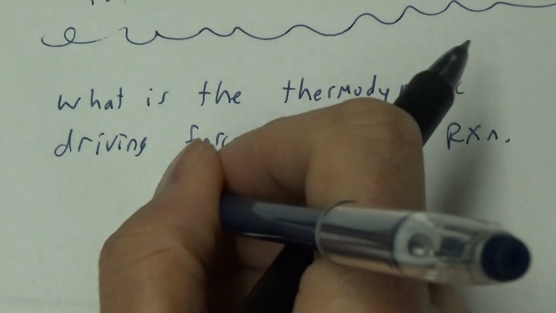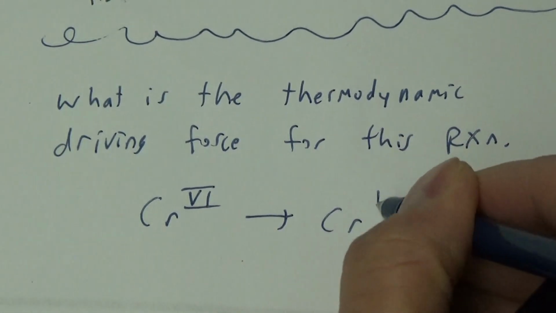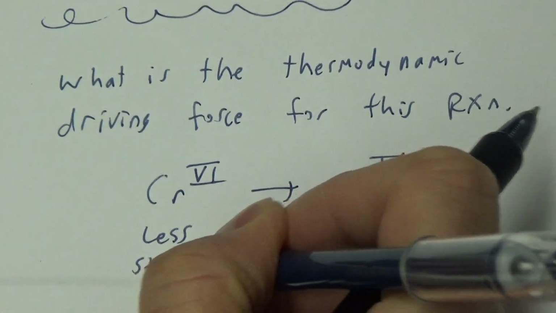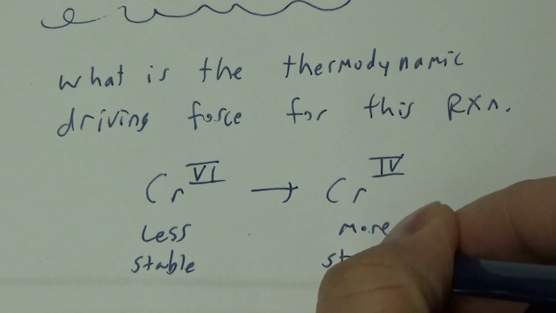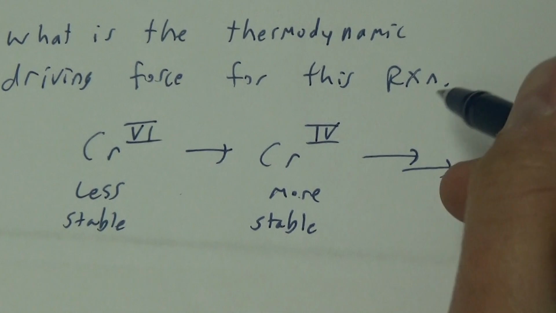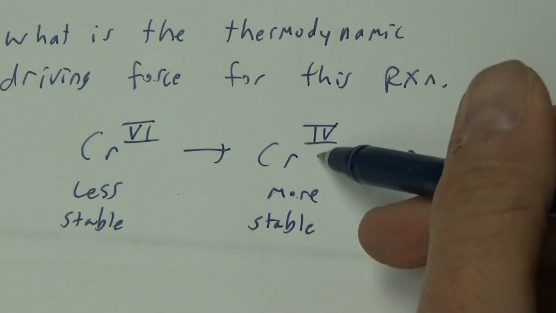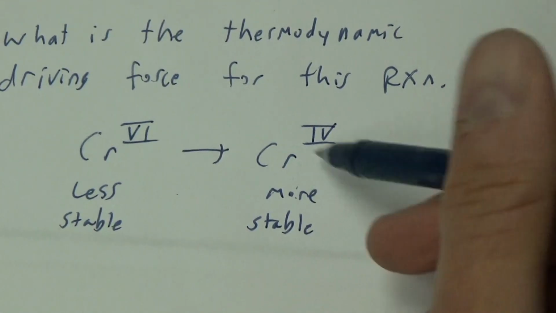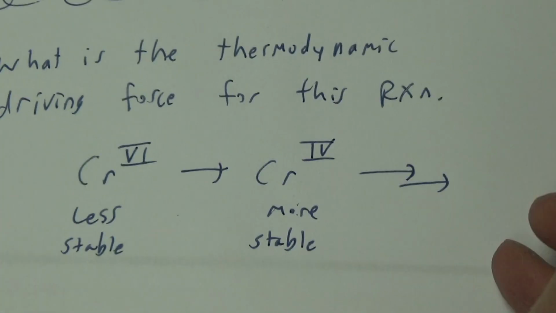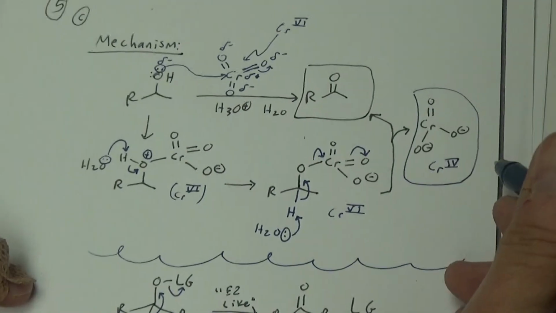It's the conversion of chromium 6 to chromium 4, which is less stable to more stable. It turns out that chromium 4 does a couple other things, and there's some weird inorganic chemistry that takes place. So chromium 4 is not even the most stable. It keeps going. The chromium 6 is definitely less stable, and that's kind of why this overall reaction occurs. Okay? So that's a pretty doable mechanism.